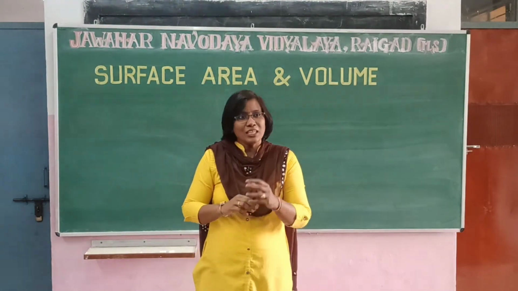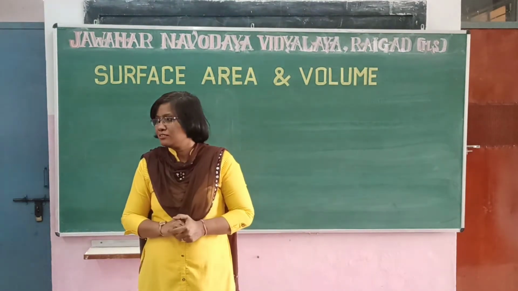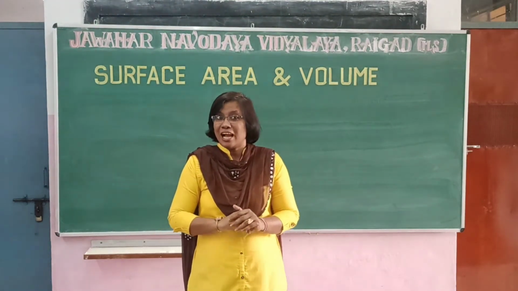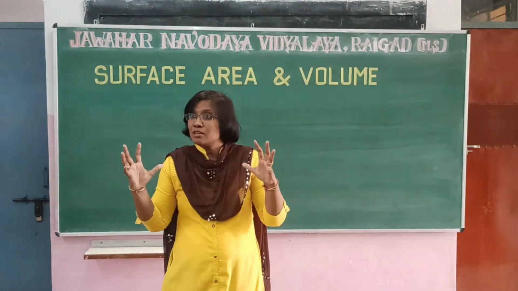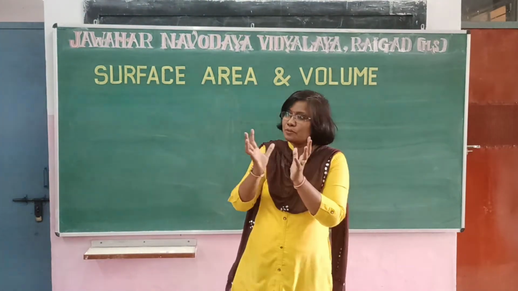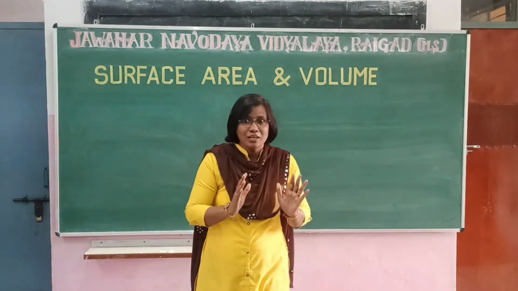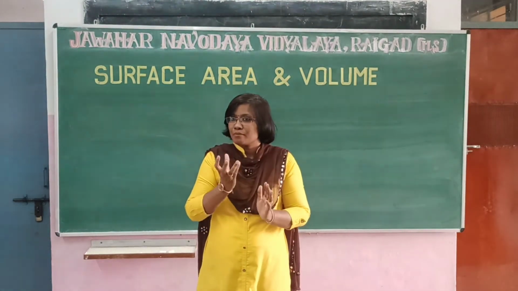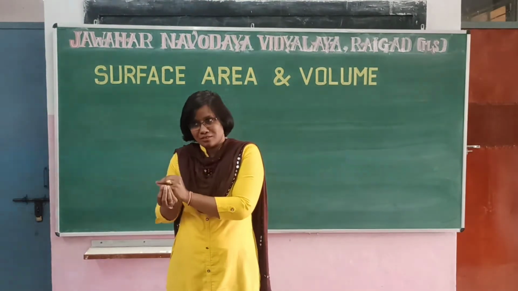Come back. See, laddu, you know how it is prepared. Can anyone tell me how laddu is prepared? I will tell it in a mathematical language. Laddu is a combination of small spheres to make a big sphere. We are preparing laddu by making bundi first.